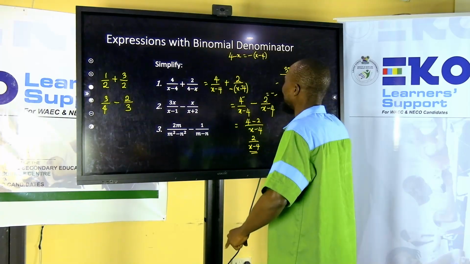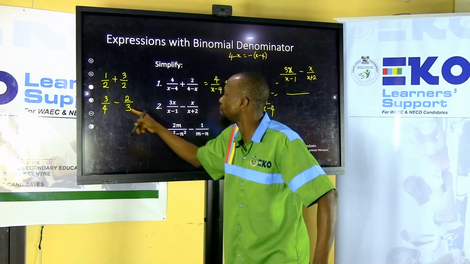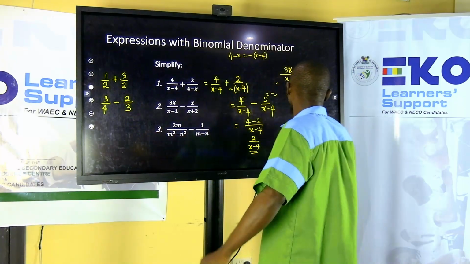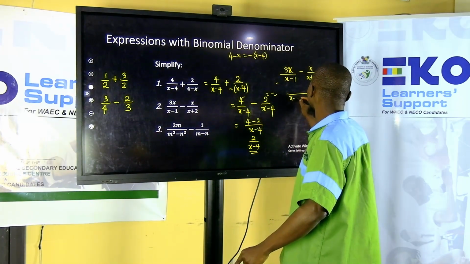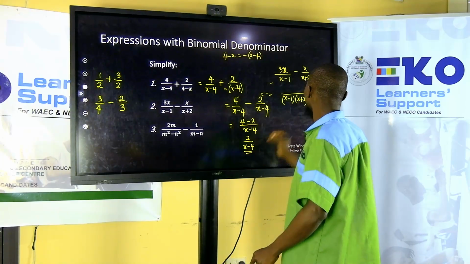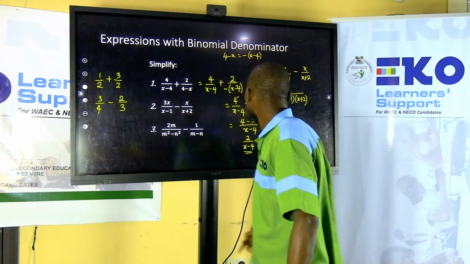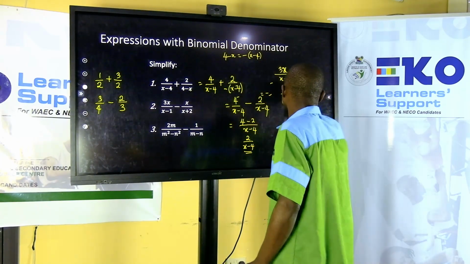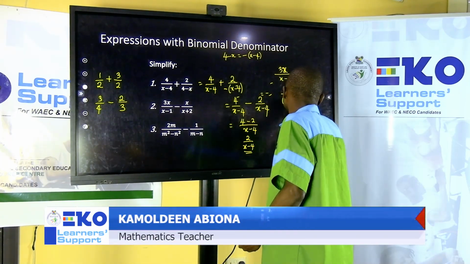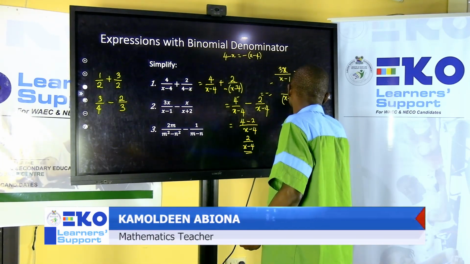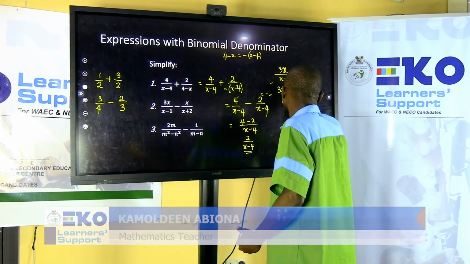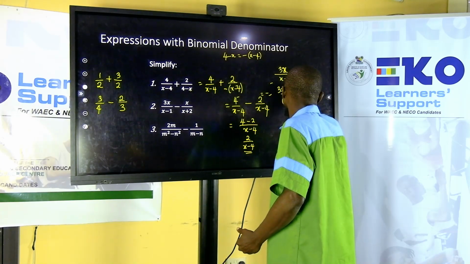Okay, so the LCM, just like here, they don't have anything in common, so you multiply x minus 1 by x plus 2 for the LCM. Okay, so if you have done that, then you can divide this by this. x minus 1 will cancel x minus 1, we are left with x plus 2 multiplied by 3x. So 3x multiplied by x plus 2.